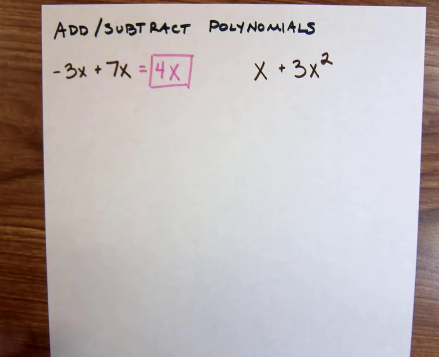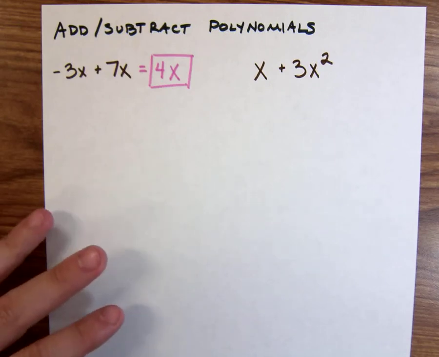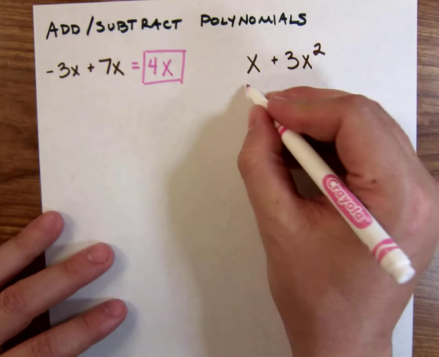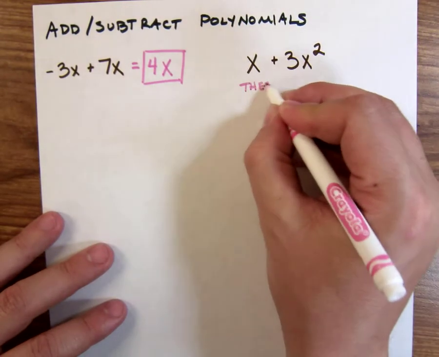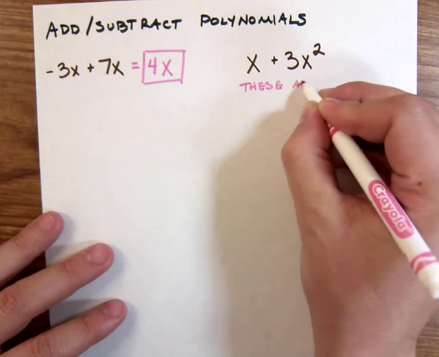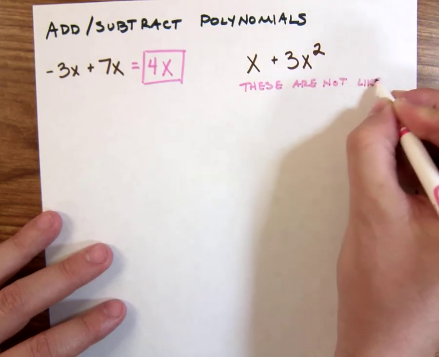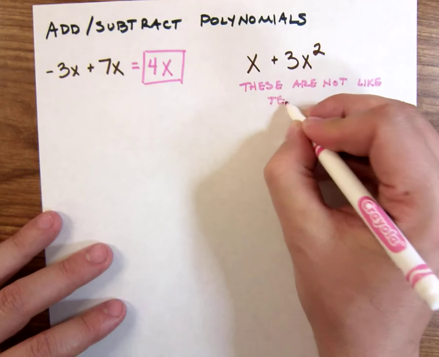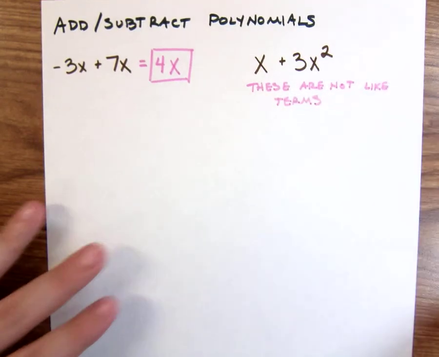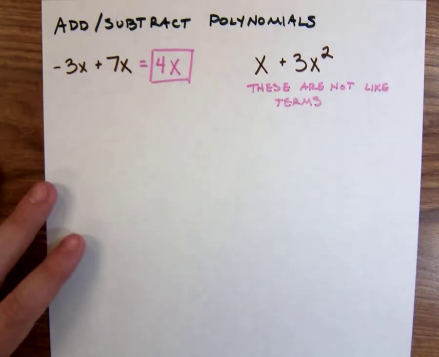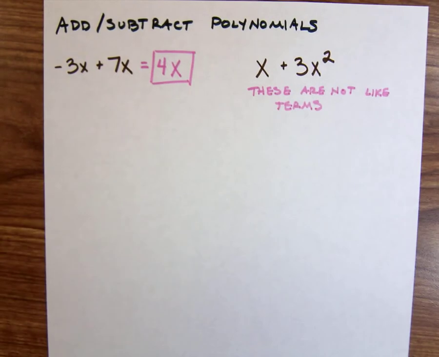So those are not like terms, so these cannot be combined. So would that be the answer? That's the answer: x plus 3x squared. I can't do any better than that. They're not like terms. Sorry.